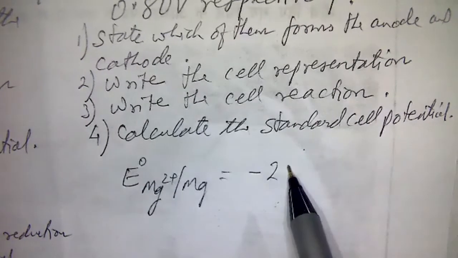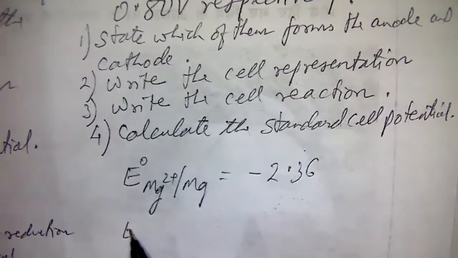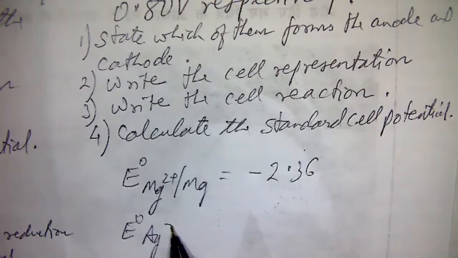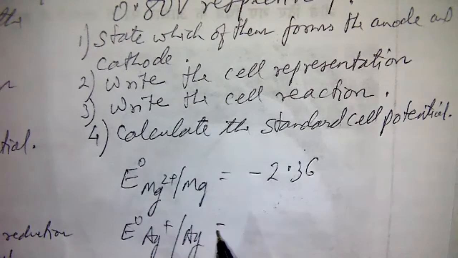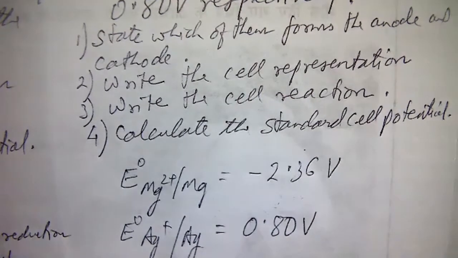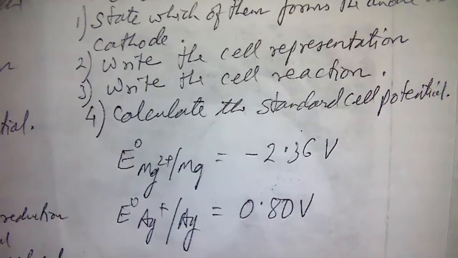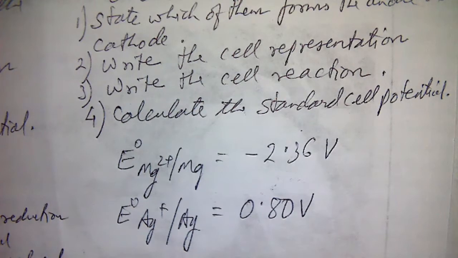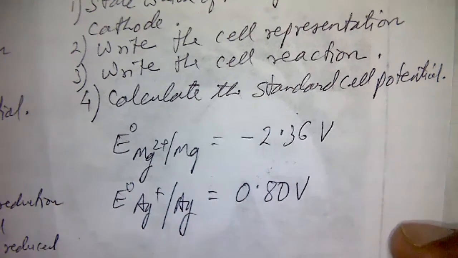Given minus 2.36, and E naught Ag plus / Ag is given 0.80. So these are your potentials which are given. Now what will you do? From this only you can state which is cathode and which is anode. How will you find out? You compare these two, which is higher? Sudeep, which is higher?